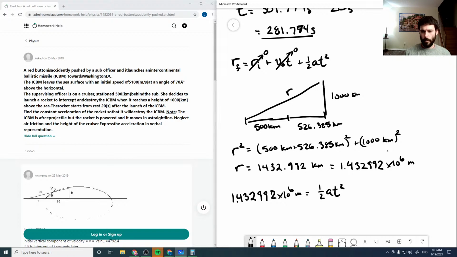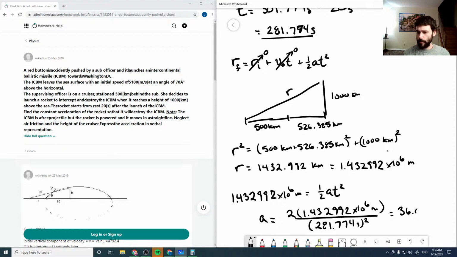We know our time and we're solving for our acceleration, so it's 2 times this value over our time, which we solved as 281.774 seconds, and that should be squared. And this comes out to be 36.097 meters per second squared. And so then there's our acceleration of a rocket that we need to collide with the ICBM in time.